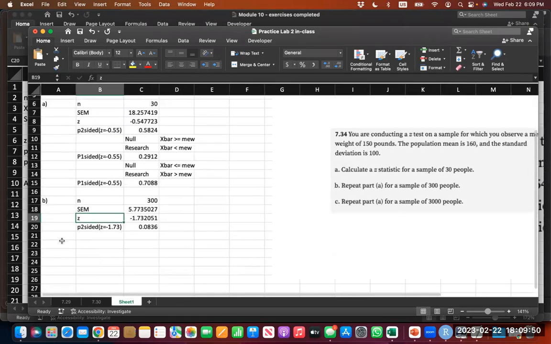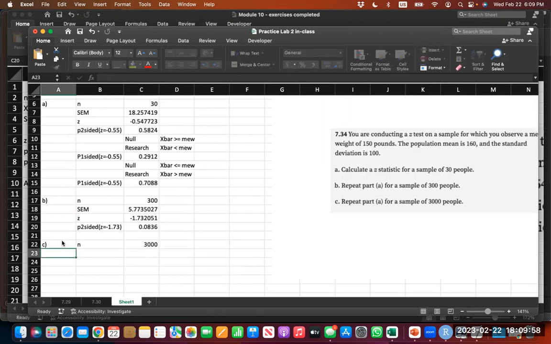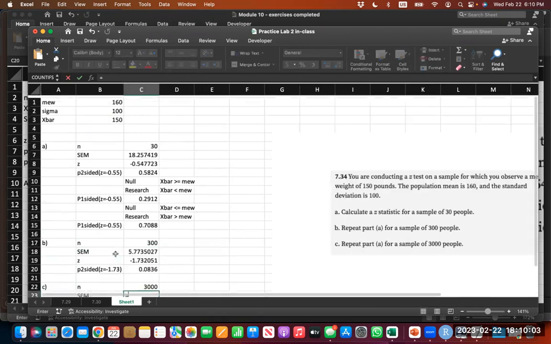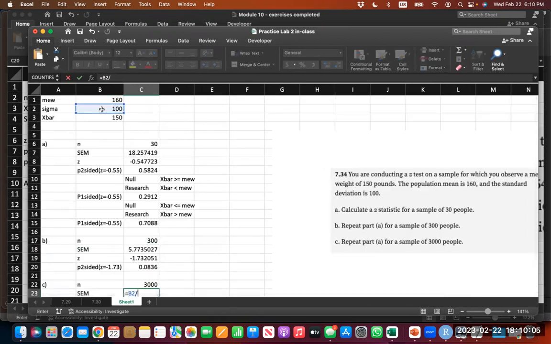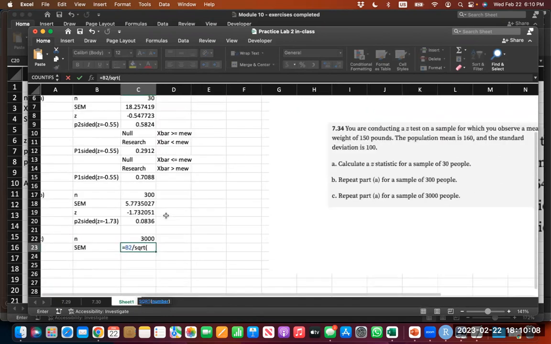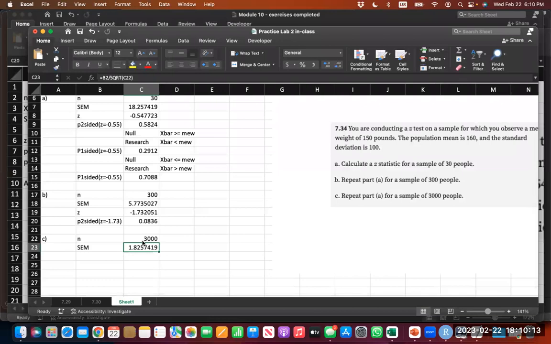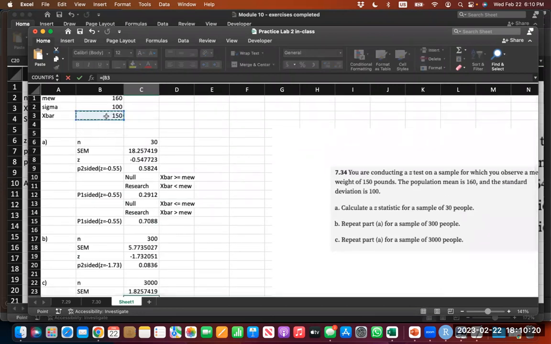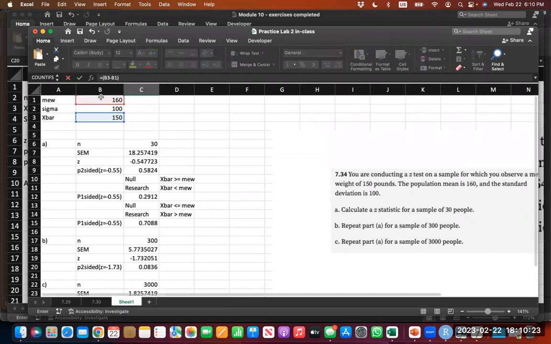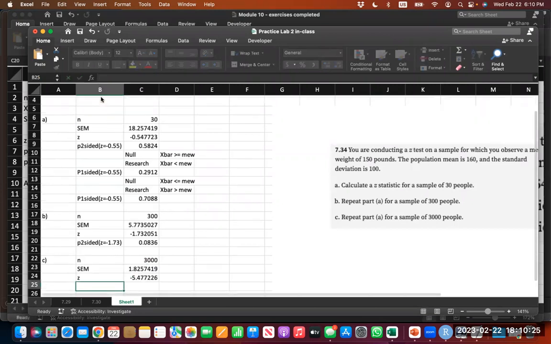I'm not going to repeat the one-sided, but if we do C, and this is basically what I wanted to show, we have now an N of 3000. We have an SEM equal to sigma divided by the square root of N, so now our standard error of the mean is only 1.8. The z is now X bar minus mu divided by our standard error of the mean.